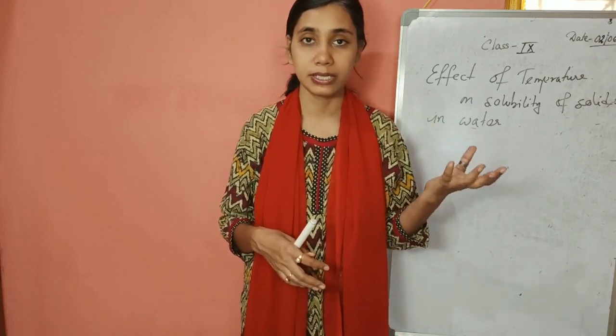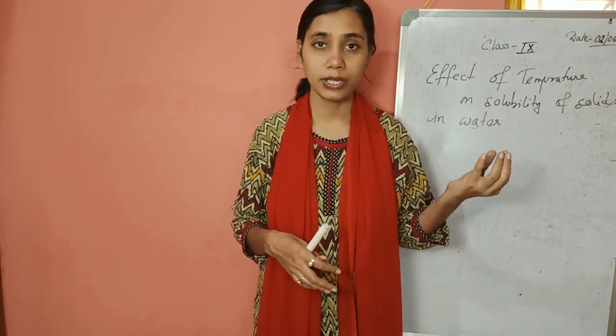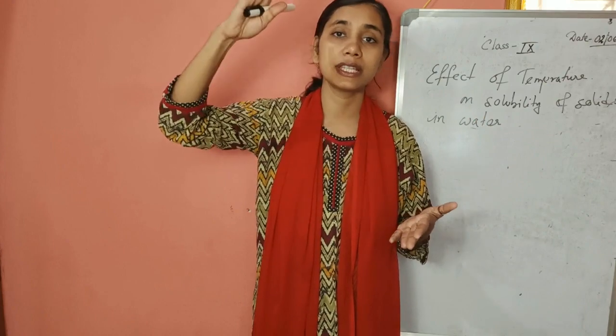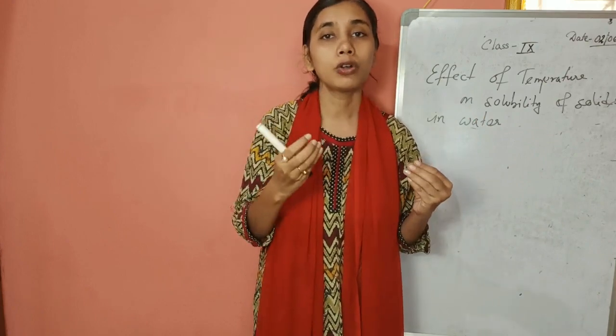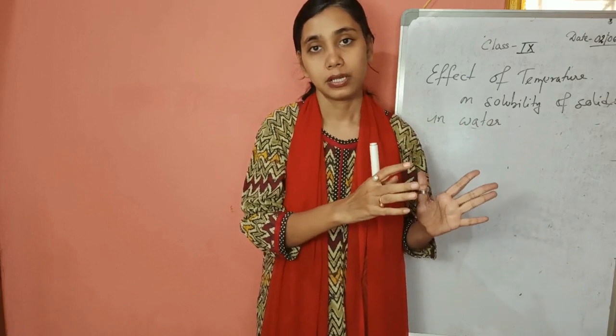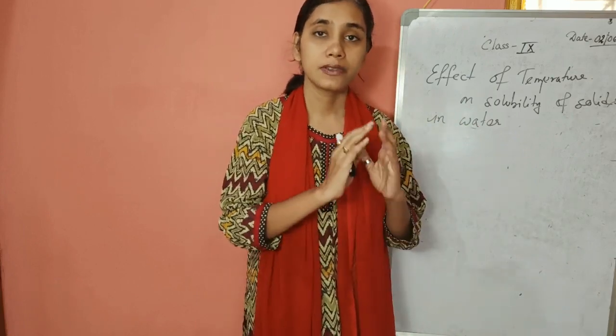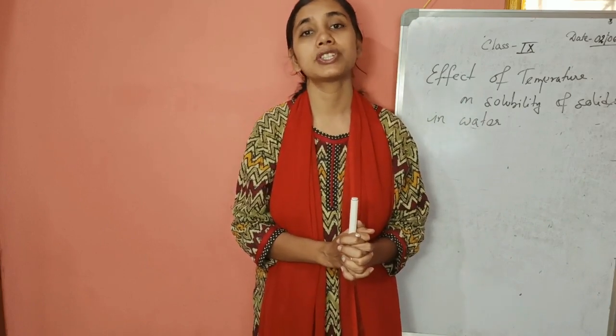So if at, suppose, a temperature of 40 to 50 degrees centigrade, a particular amount of solute, potassium nitrate or sodium nitrate, dissolves in water, then if you keep increasing the temperature, more solute will dissolve in the given amount of solvent. So these are the 2 examples where the solubility increases sharply with a rise in temperature.